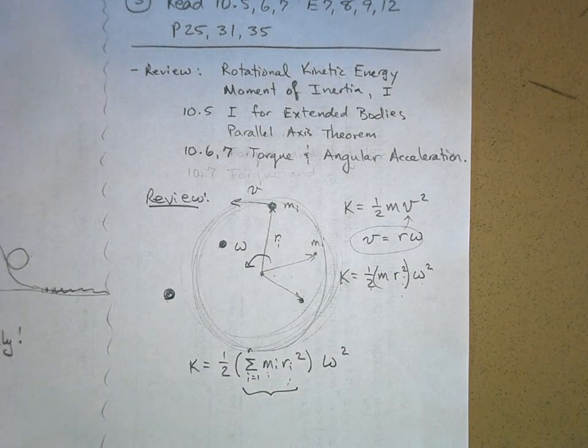Obviously, if something's really far away from the axis of rotation, it's going to be hard to make that thing spin at a certain angular velocity. You've got to get up to a much higher speed, and therefore it's going to take more work to do that.